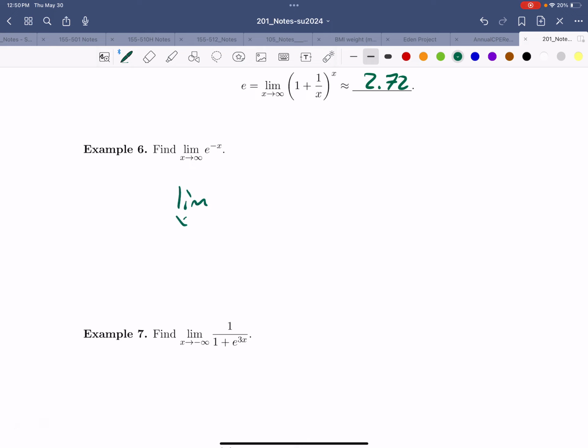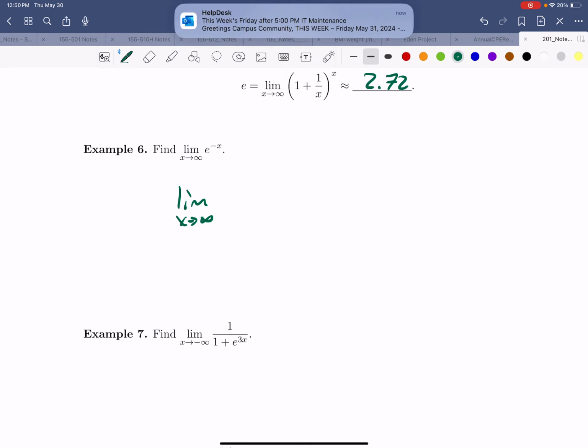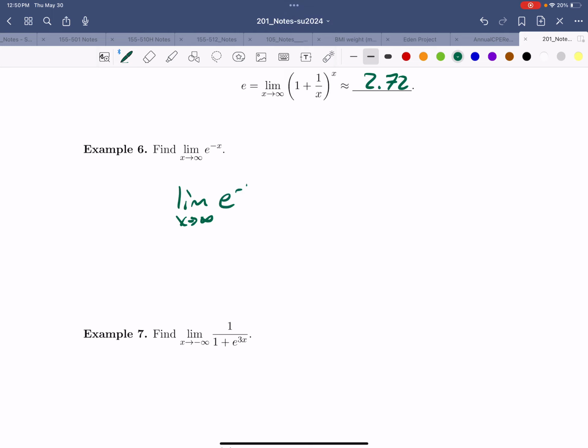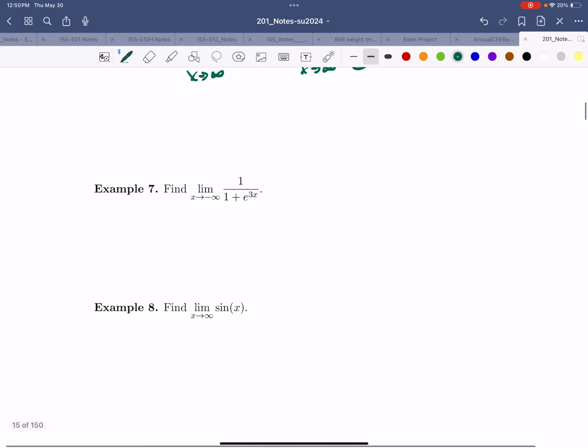So if we want to find the limit as x approaches infinity of e to the negative x, well, just like anything else, we know that a negative exponent means 1 over the positive exponent. Top is fixed, bottom blows up. The answer is 0. Let's be a little more careful with example 7, right?